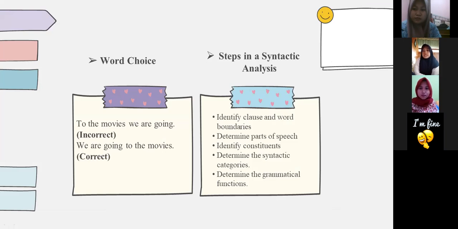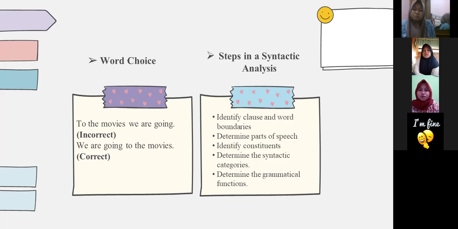Word choice example. There's also the syntactical question of word choice. This is the area in which the rules of syntax offer the most leeway and consequently perhaps the easiest area in which to make mistakes.